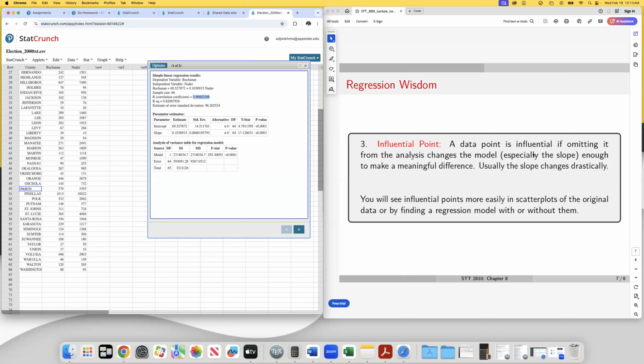And we saw that in the example with the voting case, we saw that that outlier point is influential. So anytime you're asked to determine if a point is influential, you should be focusing on whether it's changing the slope here. The value of the slope is going to change significantly. And sometimes the R squared, but your main focus should be on the slope.